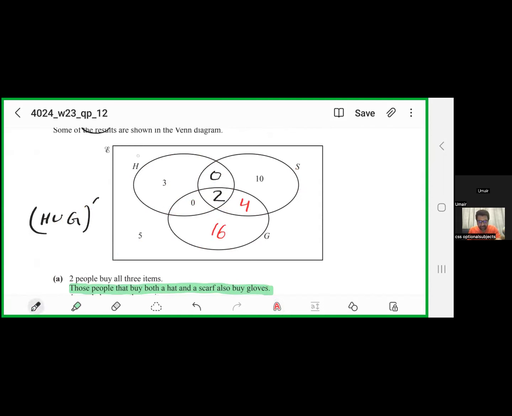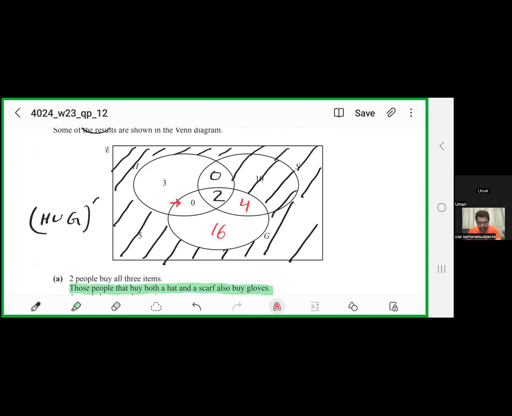So this region will be shaded, which must not include H and G. You will include this region as far as this one because this does not include H and G. So the outside region which I have shaded is the complement of H union G.